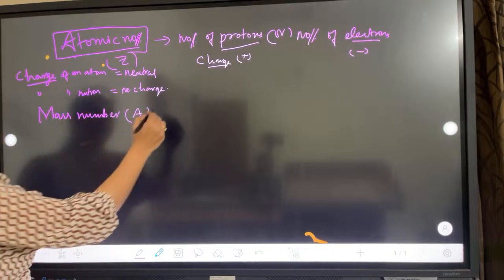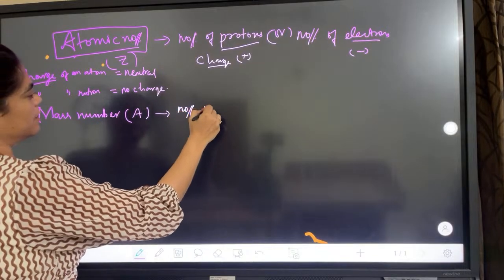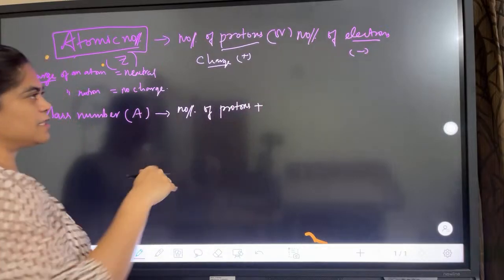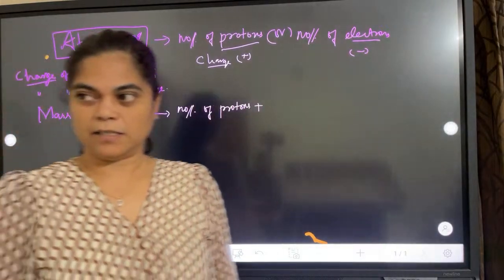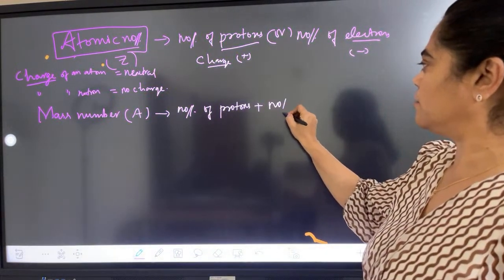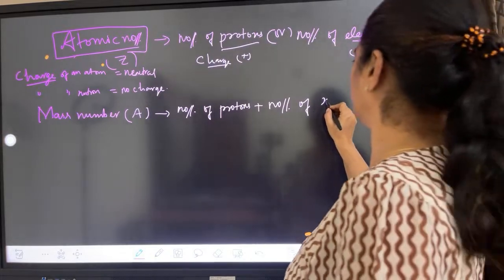Understood? So what is the mass number? Number of protons plus number of neutrons. I'm using very basic English, and I think it is understandable by the children. Plus the number of electrons or neutrons? Neutrons.